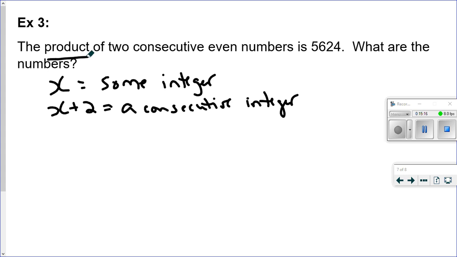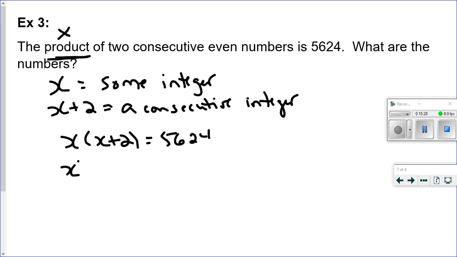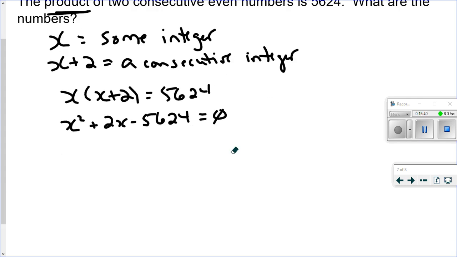Oh, sorry, the product. So that means times. So it's going to be x times x plus 2 equals 5624. I'm solving for x.